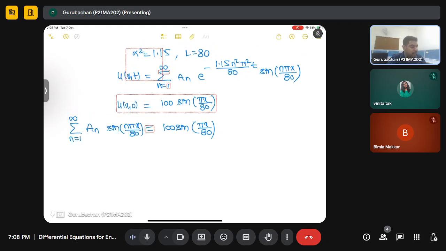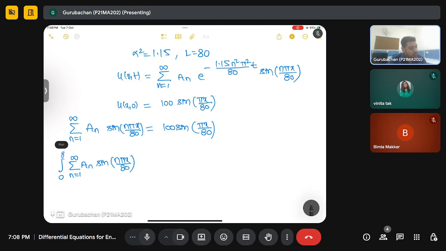We will multiply sine m pi x by L on both sides and we integrate from 0 to L. So this series a_n sine n pi x by 80, here it would be 80 because we have given L is equal to 80, times sine m pi x by 80 dx from 0 to 80, equals 100 times the integral of sine pi x by 80 sine m pi x by 80 dx.